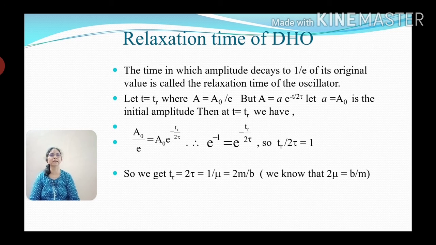So, here the relaxation time we find will be twice of tau. So, twice of tau will be nothing but 1 upon mu, and 1 upon mu will be 2m by b, because 2 mu is equal to b by m. Okay.